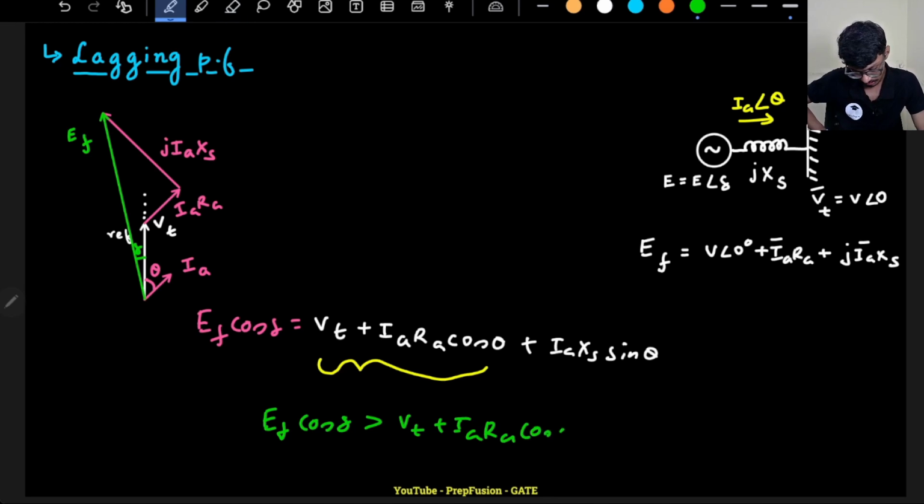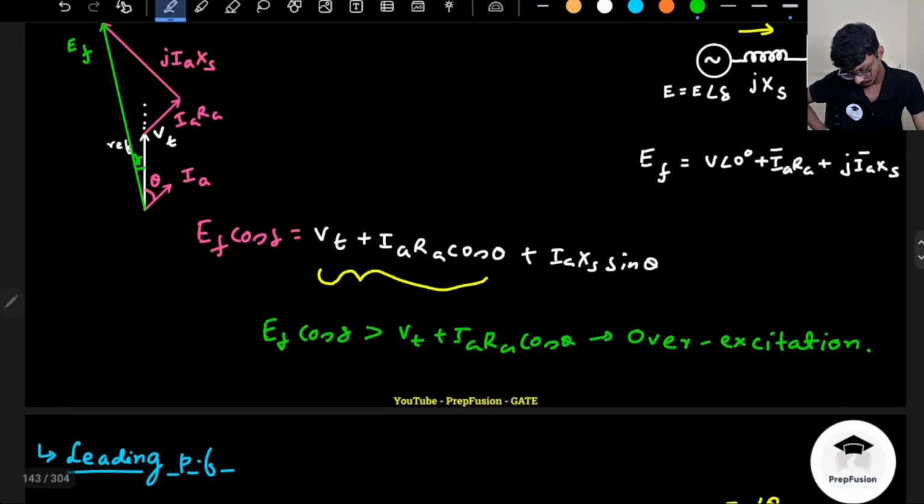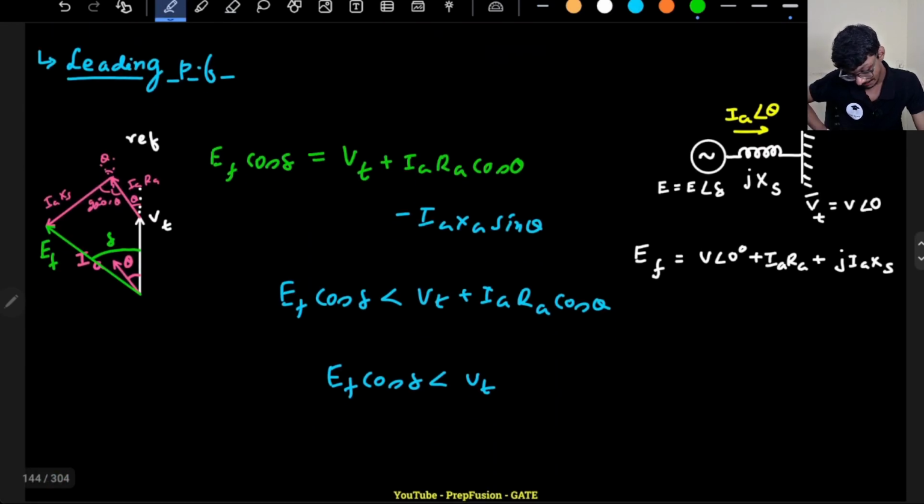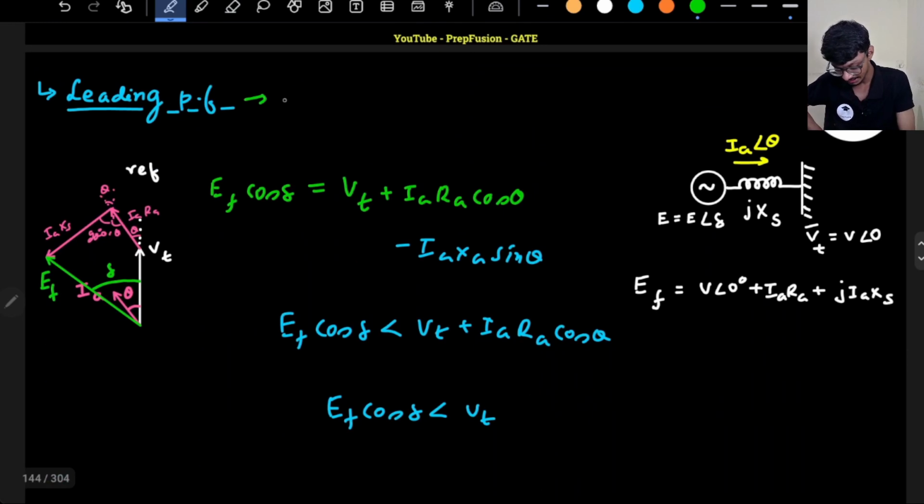So this will be over excitation. Okay. In case of leading load, it is under excitation.